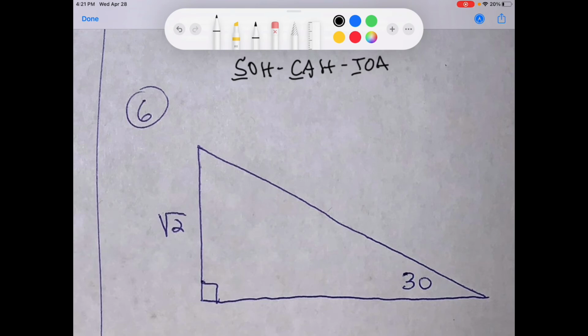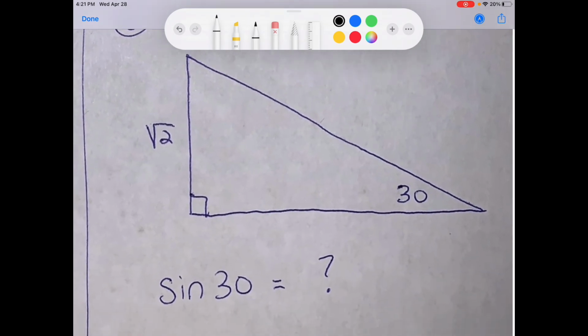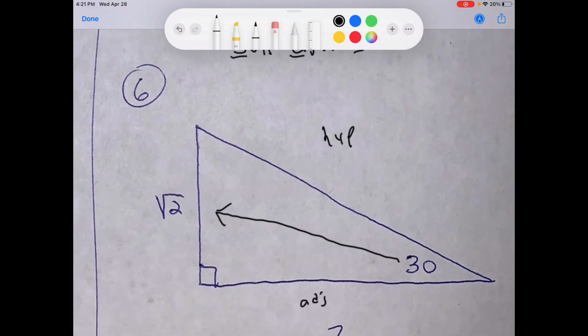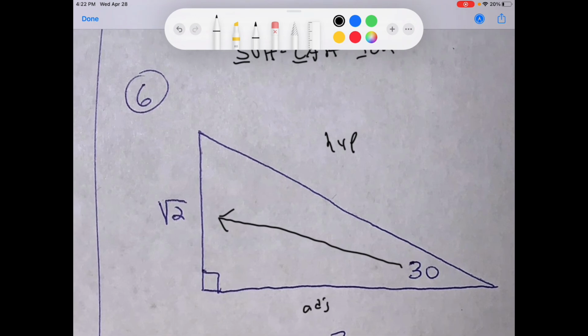So we'll start, it wants us to find sine of 30. You got to know what the opposite, adjacent, and hypotenuse sides are. Opposite side, hypotenuse is here, and adjacent is here. So now we need to figure out what exactly is the hypotenuse and what is the adjacent. Well, this is a 30, 60, 90. Your short side's root 2.